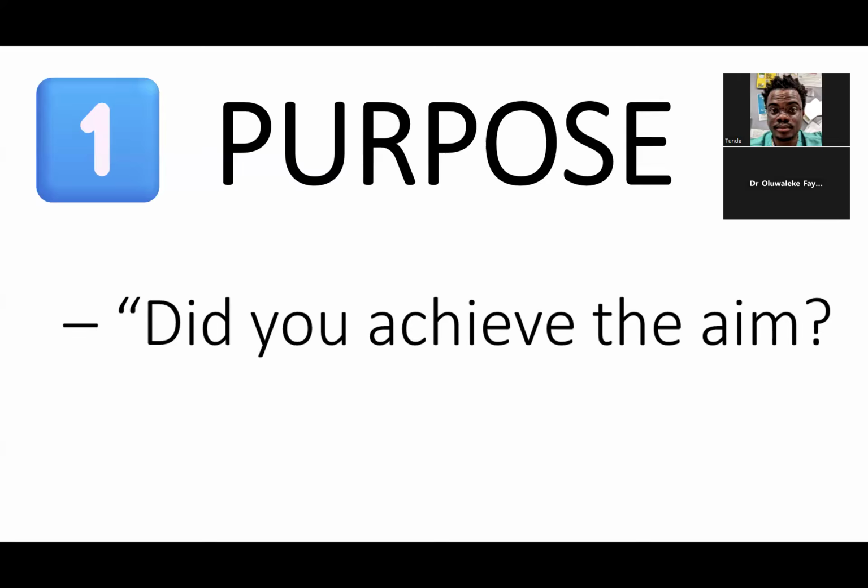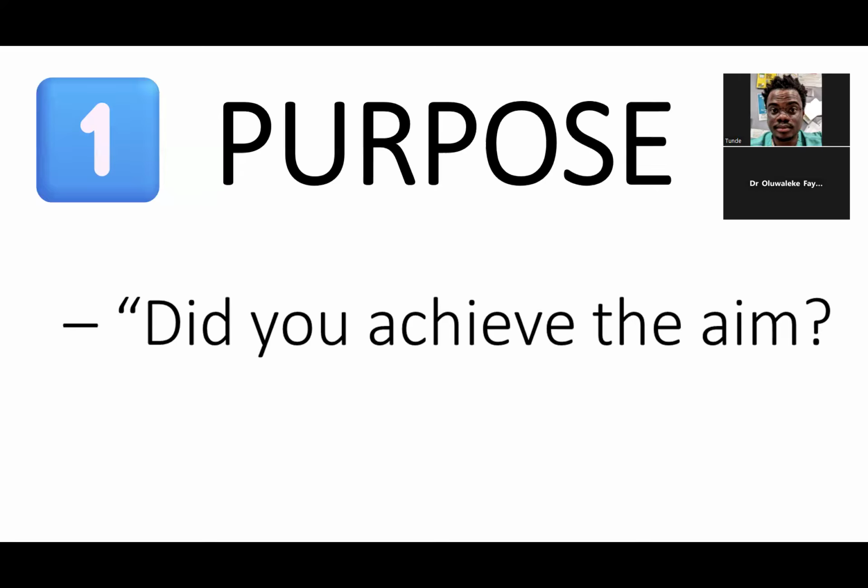If in the writing task they ask you to write a request letter to a particular consultant, and in your letter you now say I'm writing to refer, in that case, you've already started missing out on the purpose of the letter. So that's one aspect of defining the purpose of the letter.